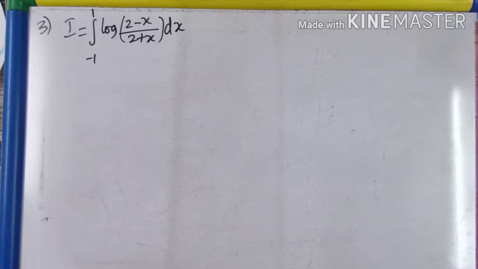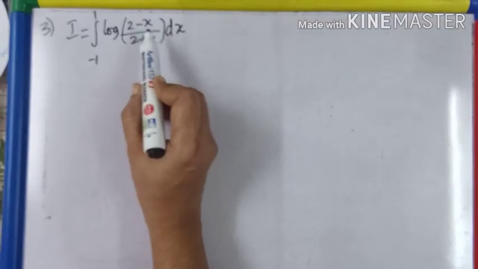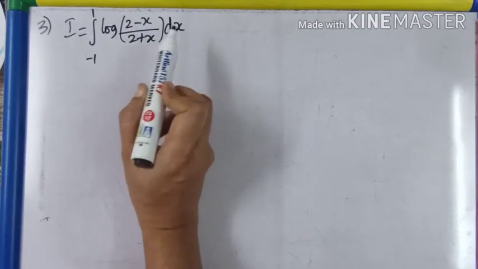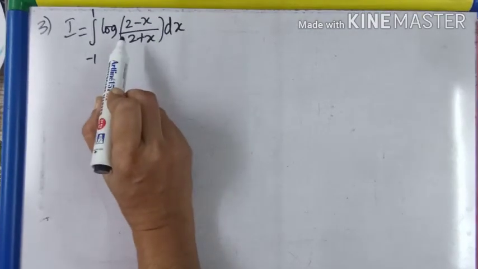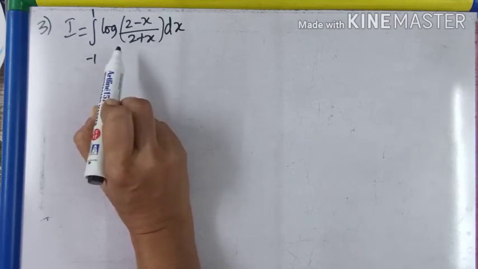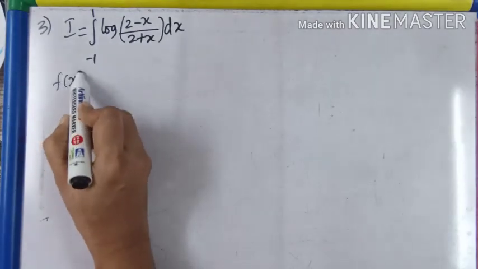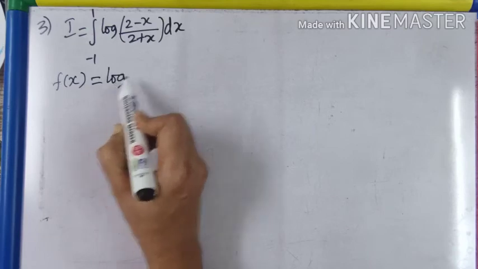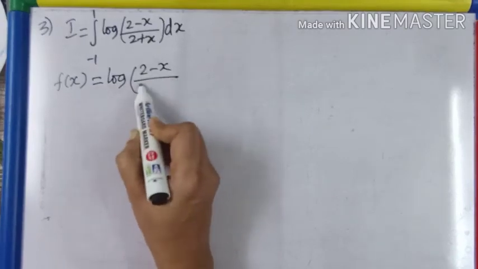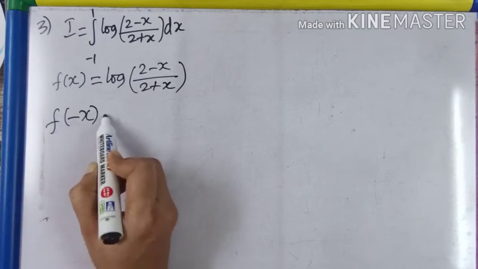Third question, I equals integral from minus 1 to 1 of log of (2 minus x) by (2 plus x) dx. Now this is not just x cube or sin cos like that. So I have to check whether this is an odd or even function. So treat the given question as f of x, and I want to check what is f of minus x.